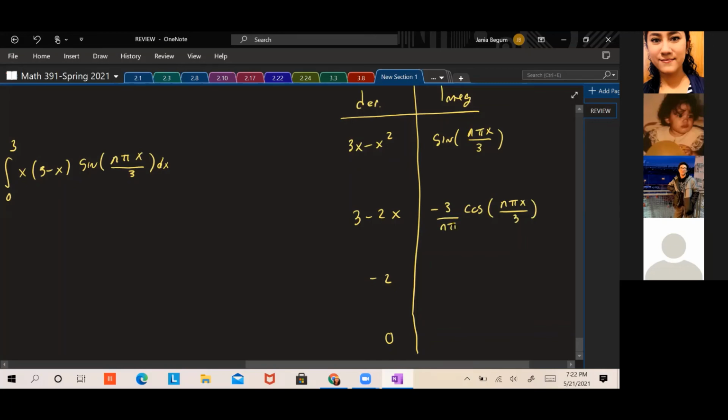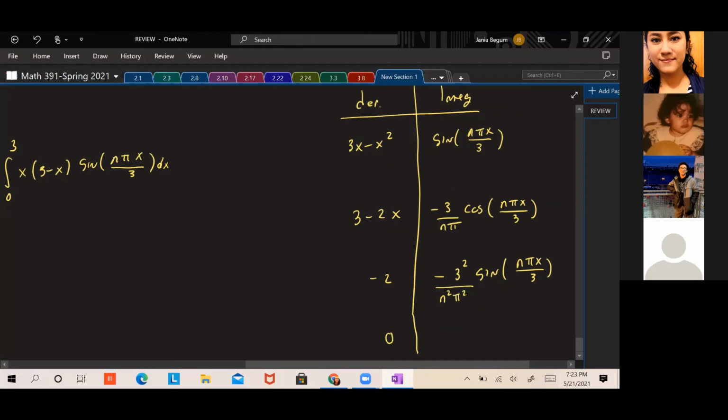The following one is negative 3 squared sine of everything inside, over n squared pi squared.